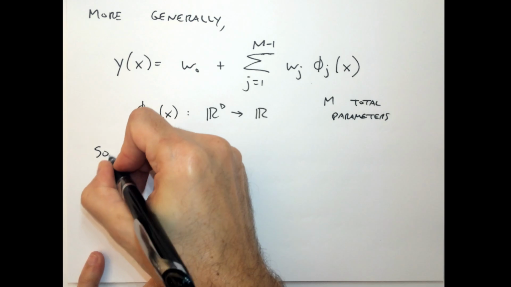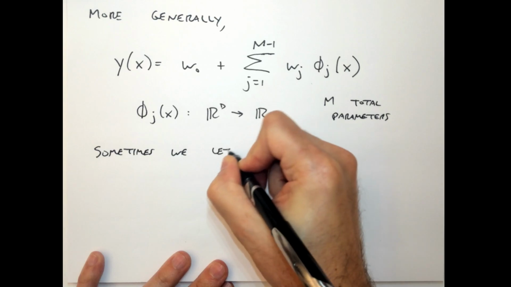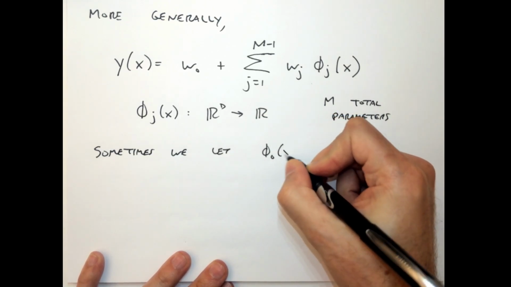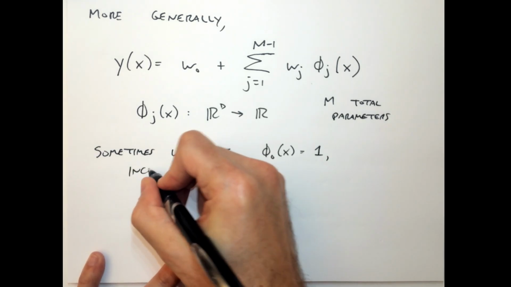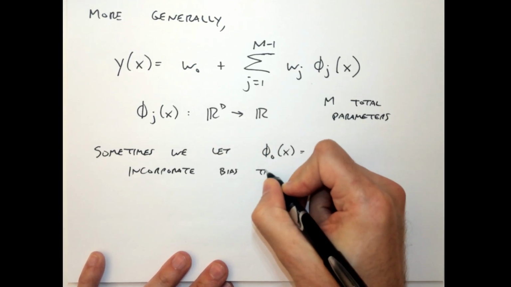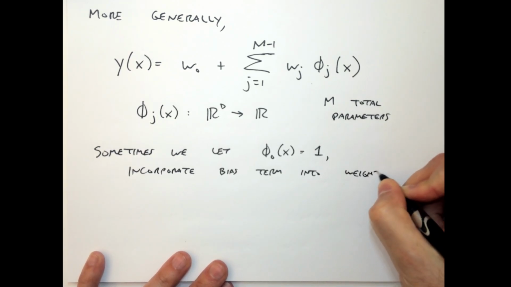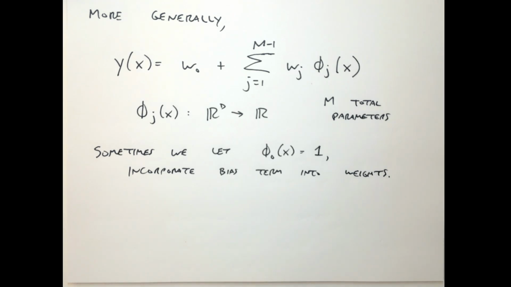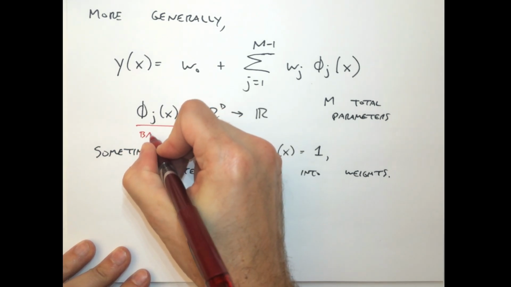So sometimes we let phi 0 of x just equal 1, and then incorporate the bias term into the weights. So these things, these phis, are what we call basis functions.